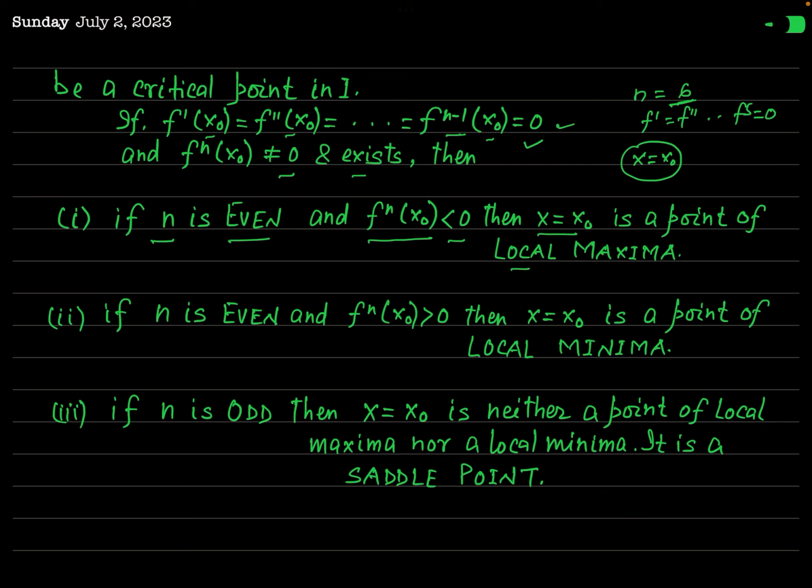It means this critical point x equal to x naught corresponds to a local maxima of the function, and this will take place when n is even.